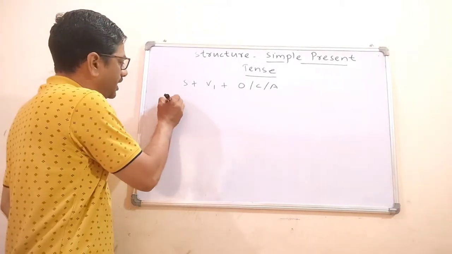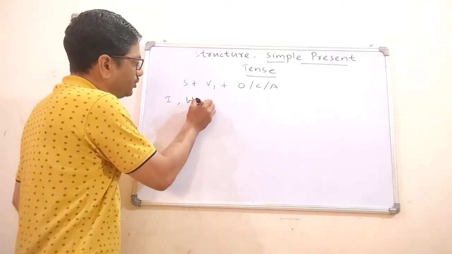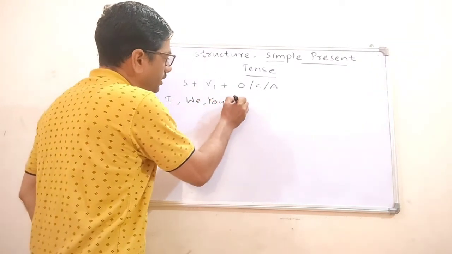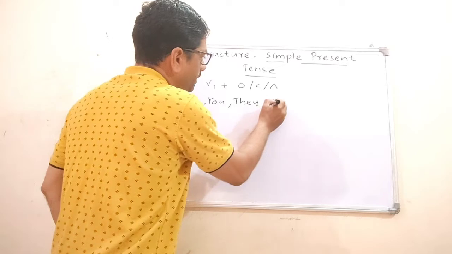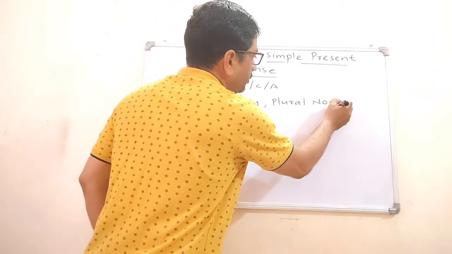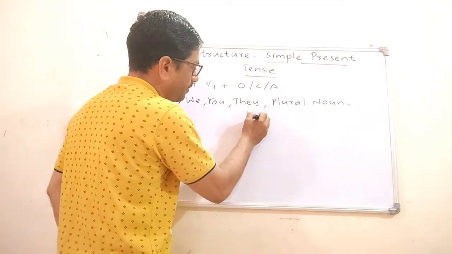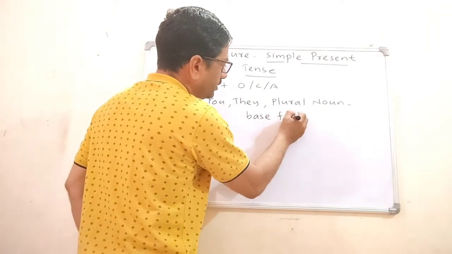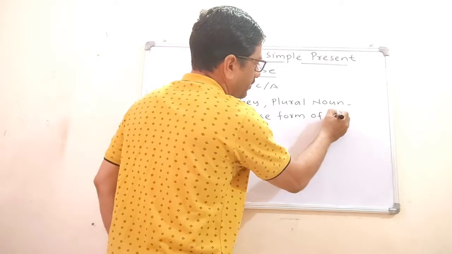If the subject is I, we, you, they, or a plural noun, then you will make use of the base form of the verb.